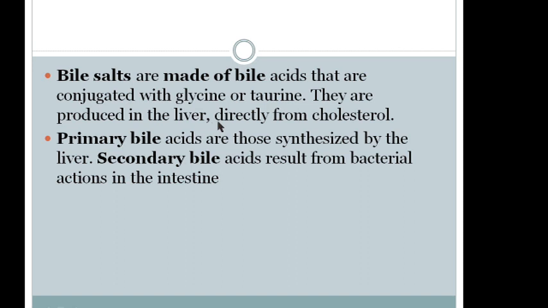They are produced in the liver directly from the cholesterol. Primary bile acids are those synthesized by the liver, and secondary are formed through bacterial action in the intestine. Okay, hope everything is clear. What is primary bile acid, what is secondary bile acid, how the bile salts form.